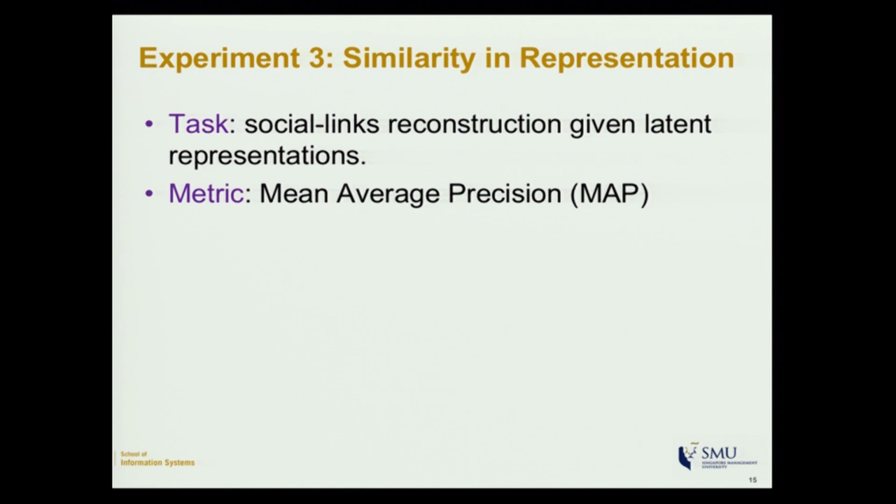And in the third experiment, given the latent user representations, we try to reconstruct the social network, because we claim that the latent representation in our model will bring users who have connections in the network closer, and we're using the MAP metric.